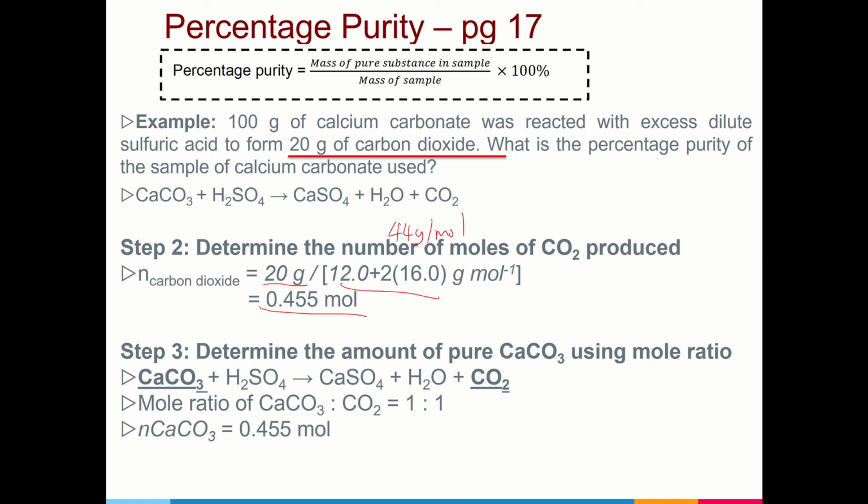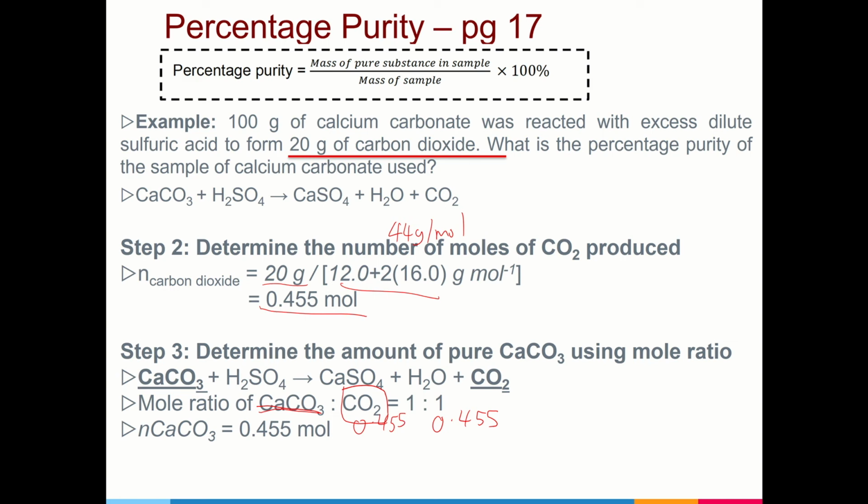I repeat, for every mole of carbon dioxide formed, 1 mole of calcium carbonate is reacted. So if my moles of carbon dioxide is 0.455, my calcium carbonate will also be 0.455.